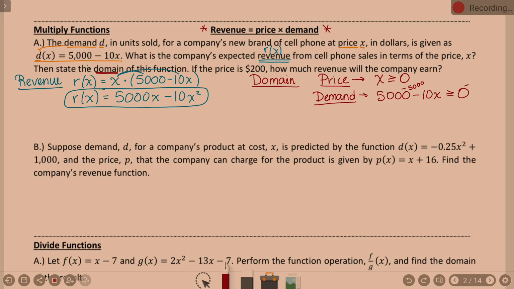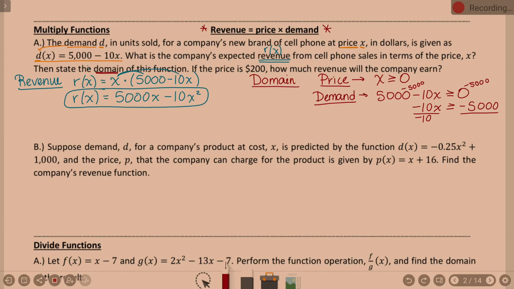But I have my reasons here. So if I subtract the 5,000 over, basic solving, 5,000s cancel, negative 10x greater than or equal to 0 minus 5,000 is negative 5,000. How do I get x by itself? Divide by what? Negative 10.